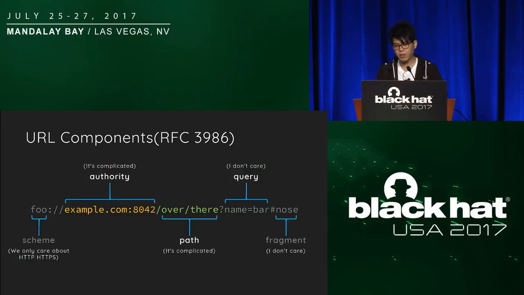For the scheme, we only care about the attack scenario on HTTP and HTTPS. For the authority and path, they are too complex to understand at once, and we will take a look later. Finally, as for the query and fragment, I don't care.